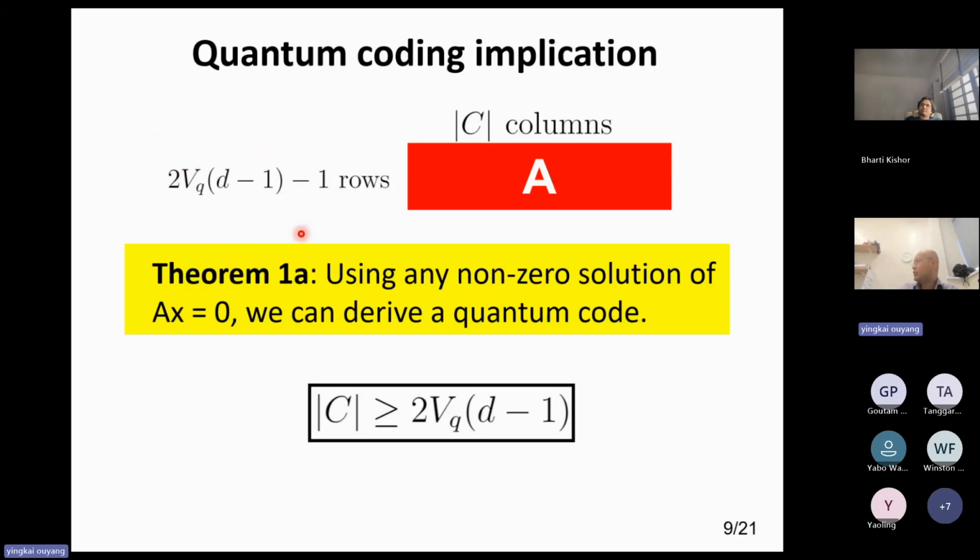This means you need a P that corresponds to the identity error, which is no errors. Second, you need to consider the errors that introduce one Z error, of which there are n of them. And then you also need to consider the double Z errors, of which there are n choose 2. So it would be 1 plus n plus n choose 2.